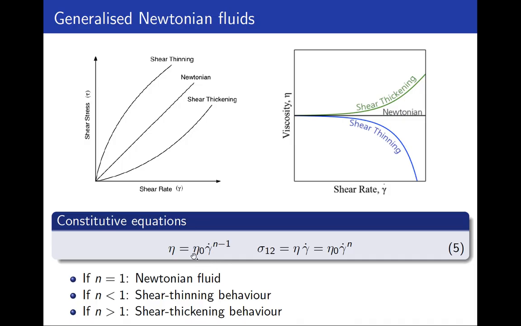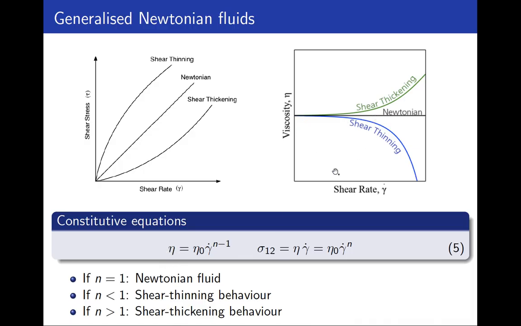So we use very basic power law equations. Here we have the viscosity that, as I said before, is a measure of a fluid's resistance to flow. So the viscosity is a physical property of a material. So every fluid in the world has a viscosity value.